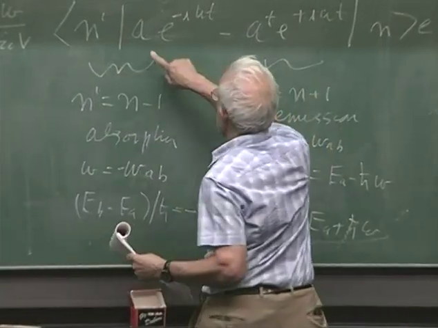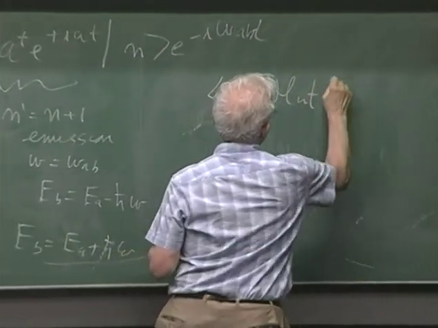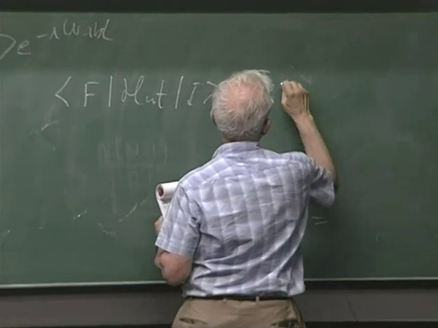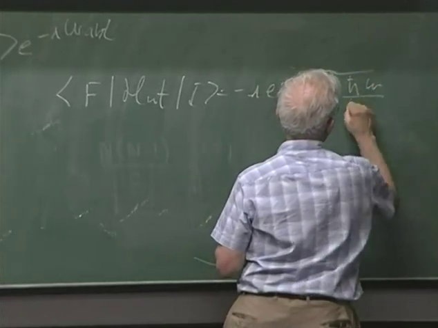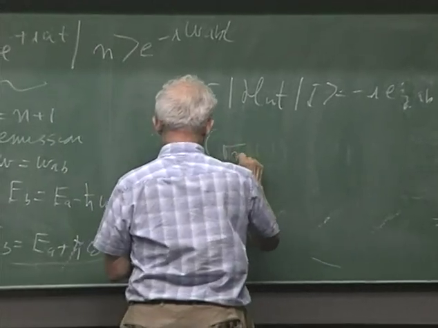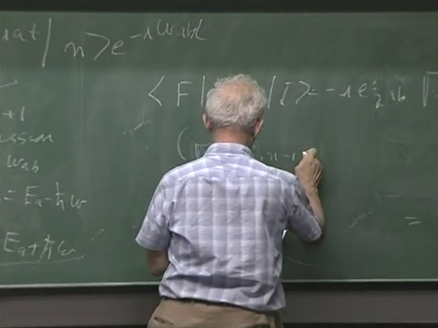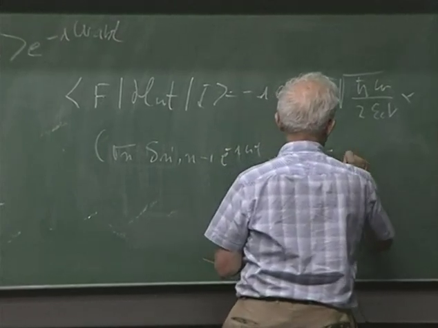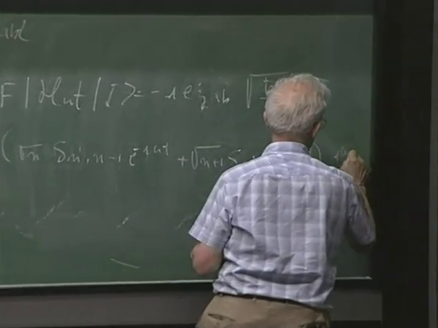When we put this in, we have that the matrix element of H interaction between F and I is then going to equal minus, again, this factor i e Z_AB times the square root of h bar omega over 2 epsilon naught V, times the square root of n times delta of n prime and n minus 1, e to the minus i omega t, plus the square root of n plus 1 times delta of n prime and n plus 1, e to the i omega t, e to the minus i omega_AB t.